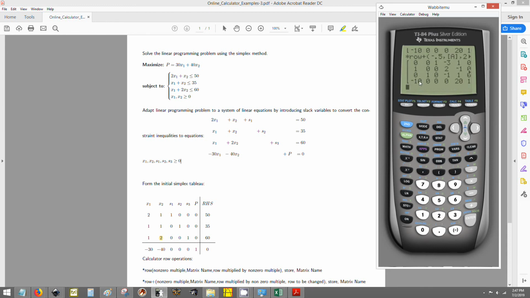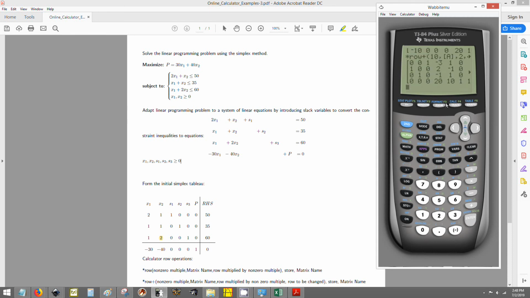Now just to do the fourth row, first column position, so I'll multiply row 2 by positive 10 and add it to row 4. So I go to matrix, multiply row, add. I'm going to multiply it by 10 because this is a negative 10. 10 minus 10 is 0. In matrix A, multiply row 2, add it to row 4, store it in matrix A, and hit enter.